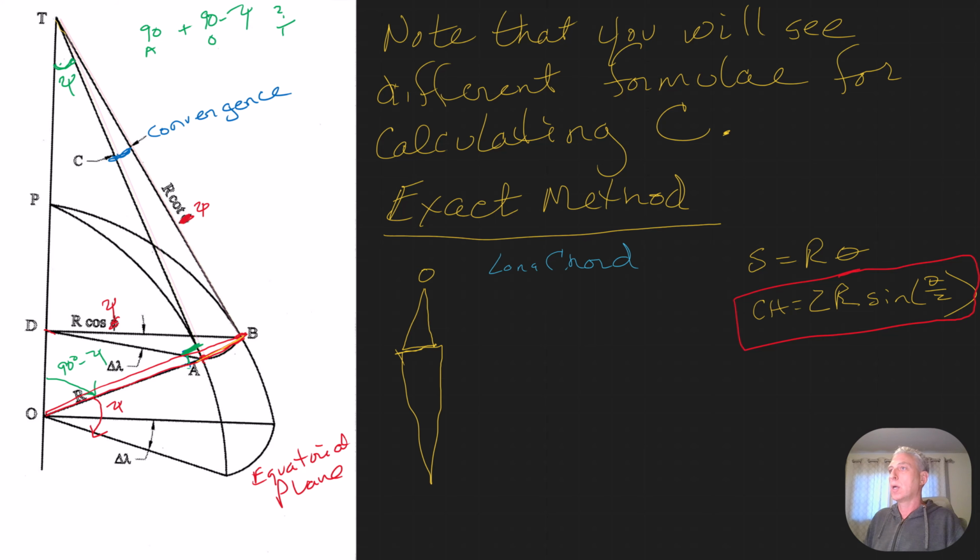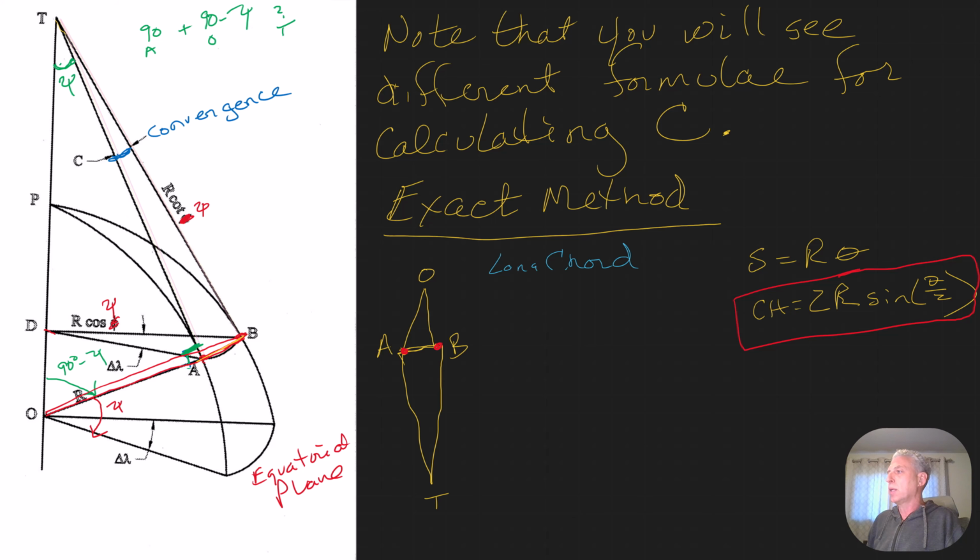We have O, A, B. Sorry, you can't read that very well. And TAB, right? There's our two triangles. So if we can get a chord length from each of these triangles, then we can set them equal to each other and solve for C. Let's do it.